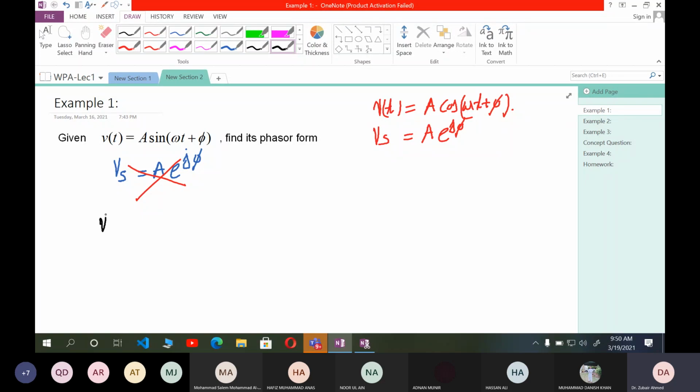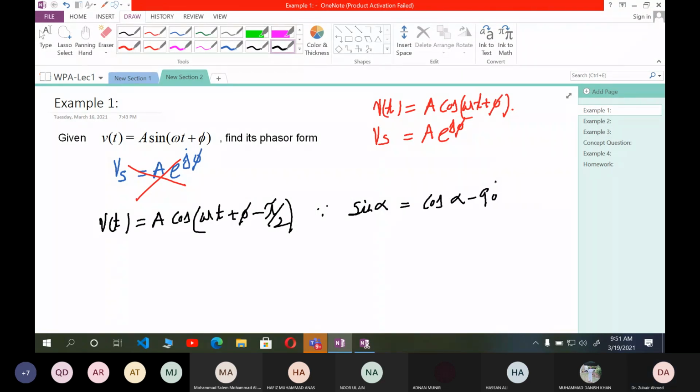So the first step should be that we write this signal in the form of cosine. V of t is equal to A cosine omega t plus phi minus pi by 2, because we have a trigonometric identity that sine alpha is equal to cosine alpha minus 90 degrees. Or you can think of it graphically.